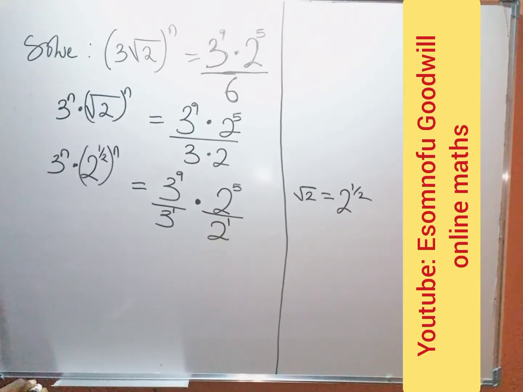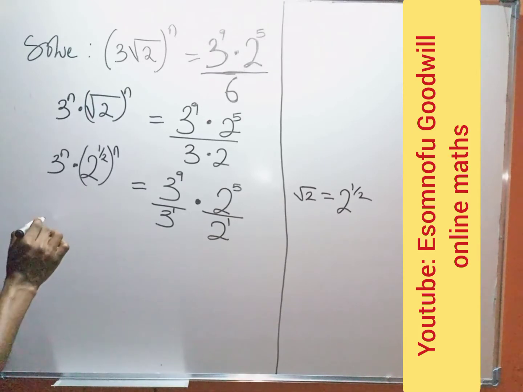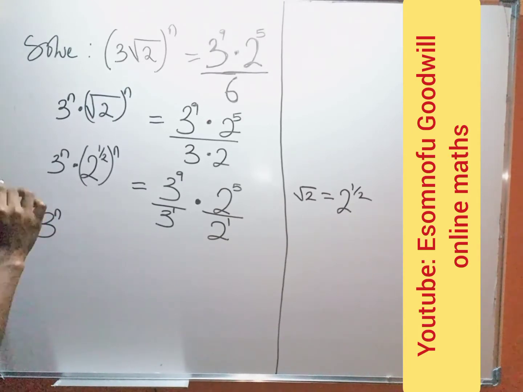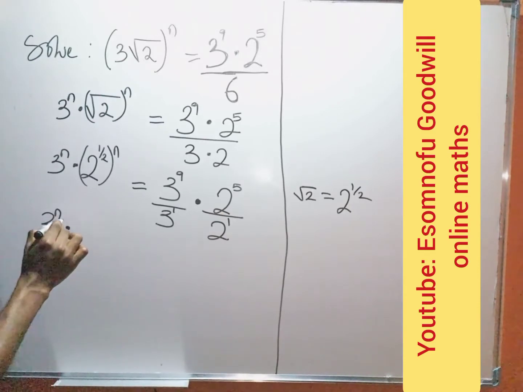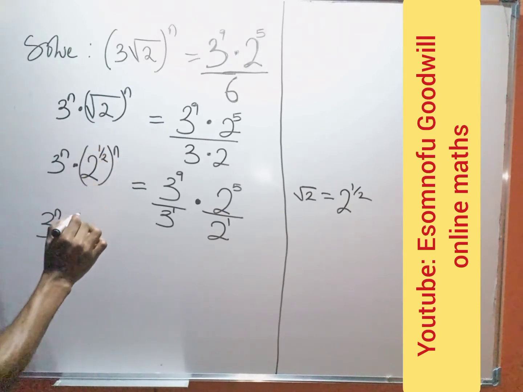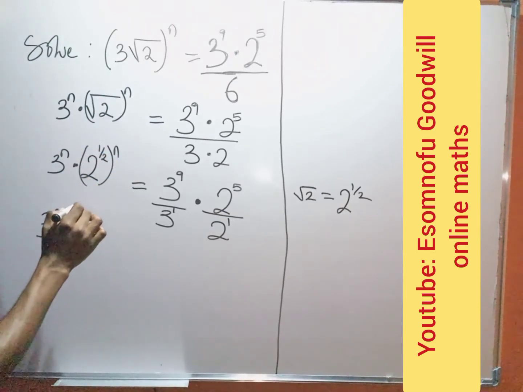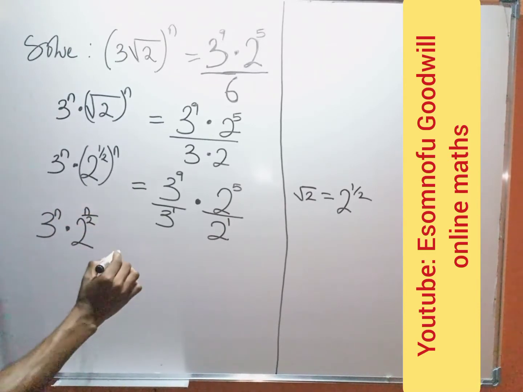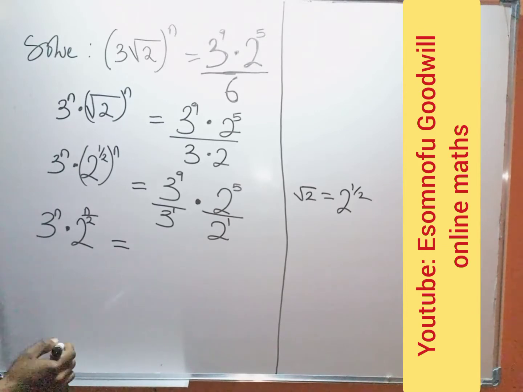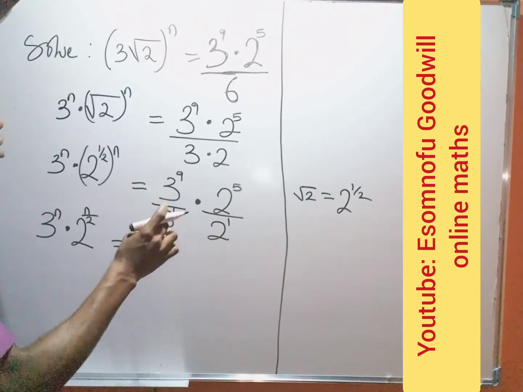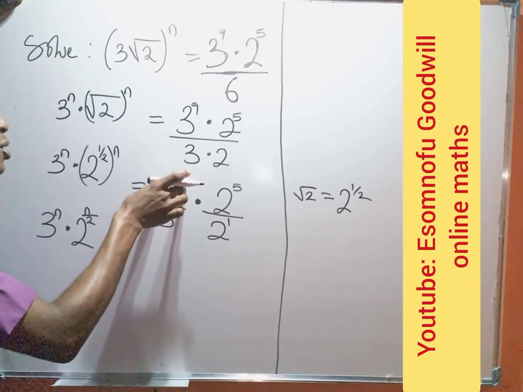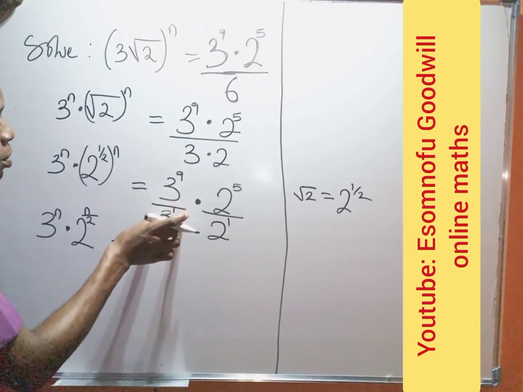If you observe this well now, I have 3 raised to the power of n times 2 raised to the power of n times half, that is 2 raised to the power of n over 2. It is equal to, observing the division law of indices, 3^9 divided by 3^1.